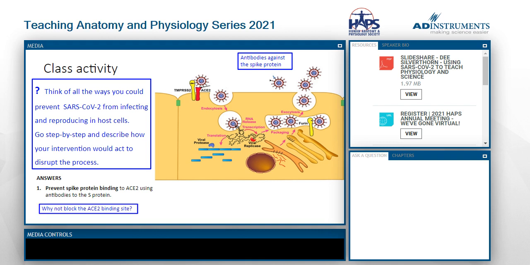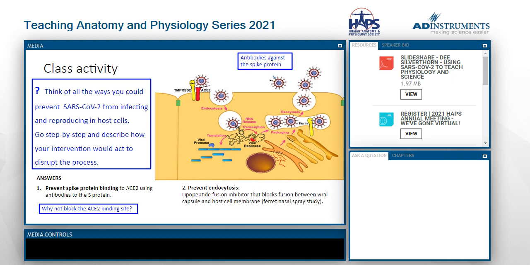I would also expect the students to possibly say, well, let's just block the binding site on ACE2. And the question that I would give back to them is, why might that not be as good an idea as blocking the virus? And the answer is, if you block all the ACE2 binding sites, what are you disrupting in terms of the normal physiology?